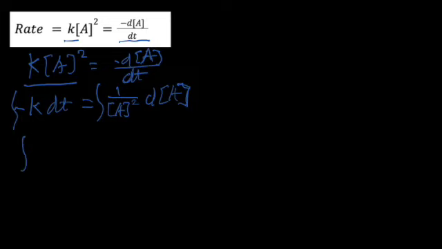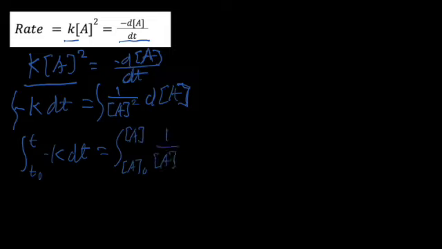So we have the integral from t naught to t of negative K dt equals the integral from concentration of A naught to the concentration of A of 1 over the concentration of A squared d concentration of A.